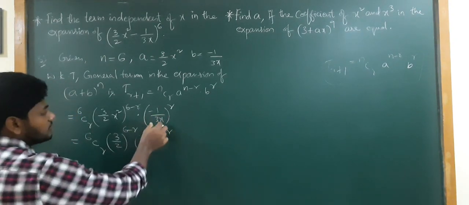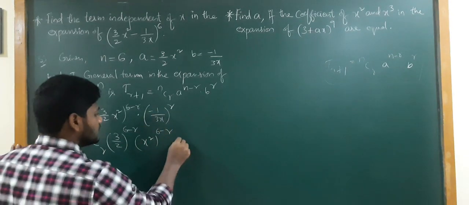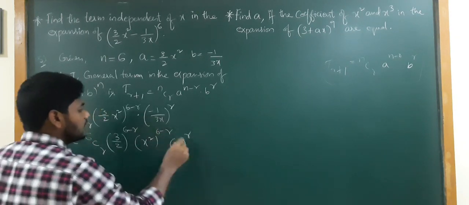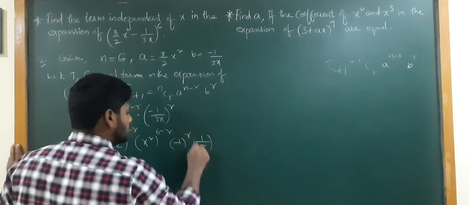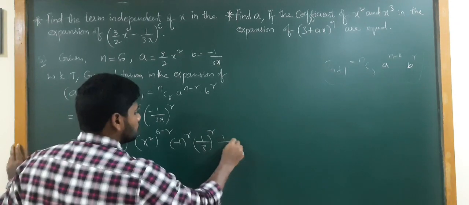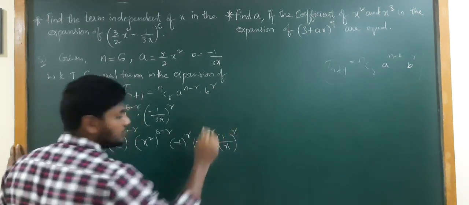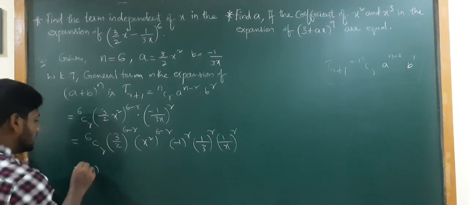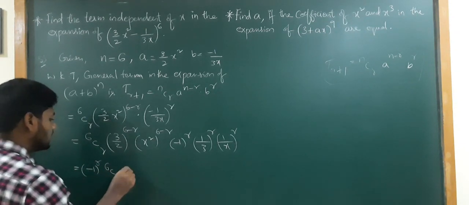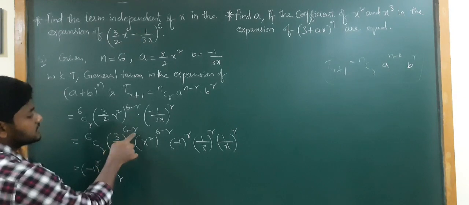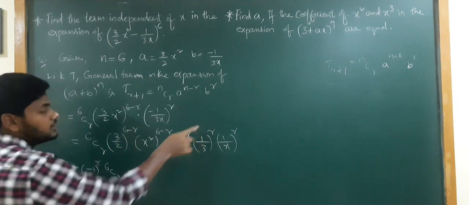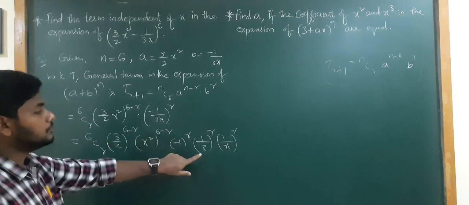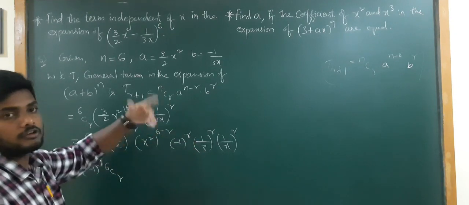Now in this, minus 1/3, I will write as (-1)^r, and again (1/3)^r, and again 1/x^r. That (-1)^r I will write at the beginning. Next, 6Cr, this is 3^(6-r) into (1/3)^r. (1/3)^r we can write as 3^(-r).